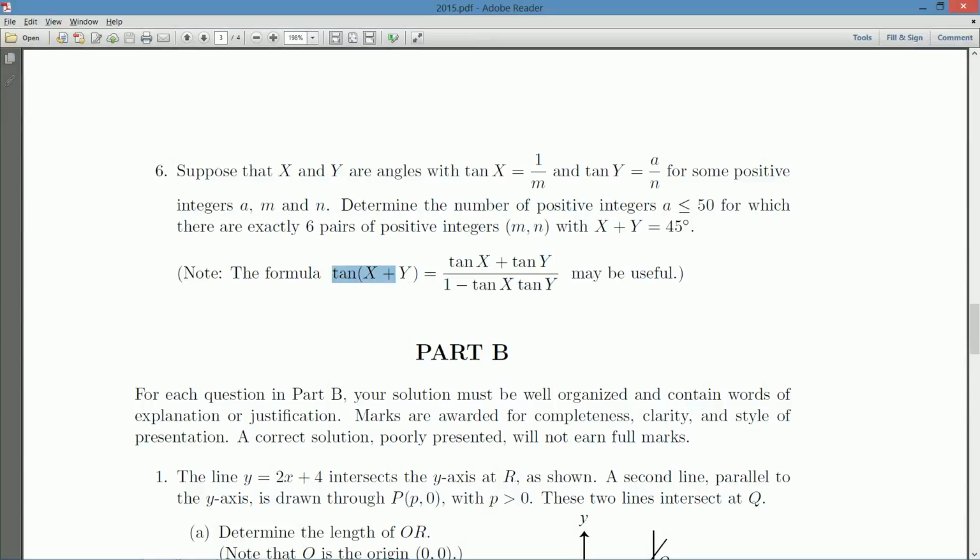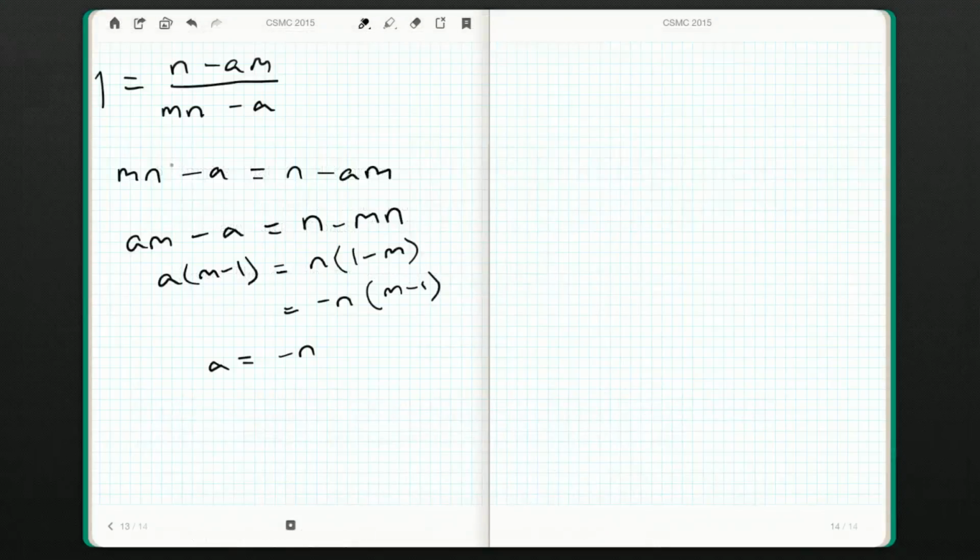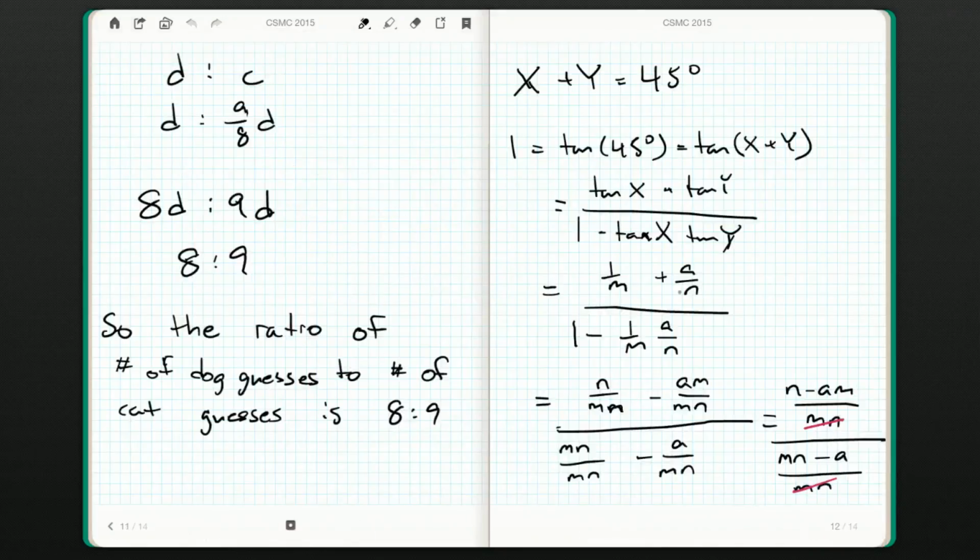Tan of 45 is definitely 1. Something's not right here. Tan of x was 1 over m.